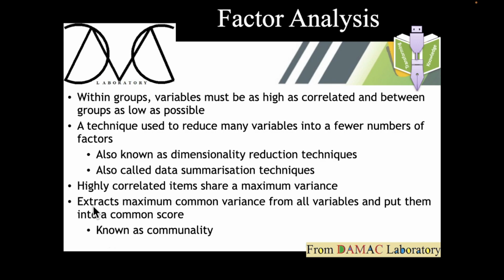The main fact in factor analysis is that we try to extract the common variance among the variables in the data set, extract the maximum common variance, put it together in a common score and make a group, and that is known as communality.